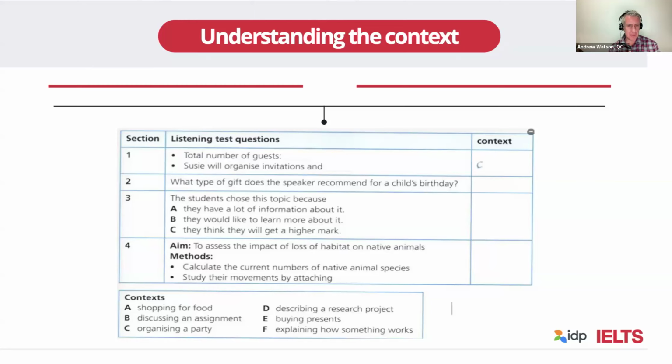And then number 4, assess the impact of loss of habitat. Keyword there: native animals, native animal species. Study their movements.